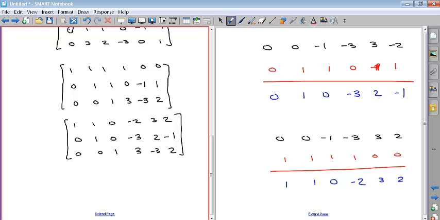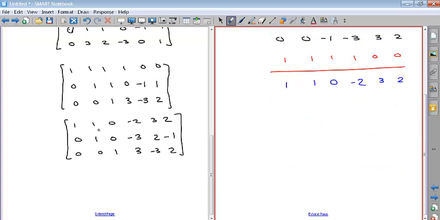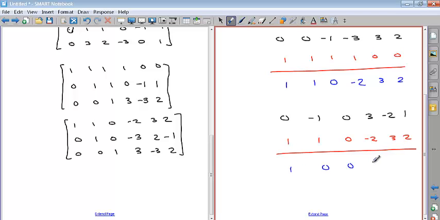And then the last step, I want to make this go to 0. So if I take the second row, multiply by negative 1, so this is this row multiplied by -1, add that to the first row. I'll get 1, 0, 0, 1, 1, 3.